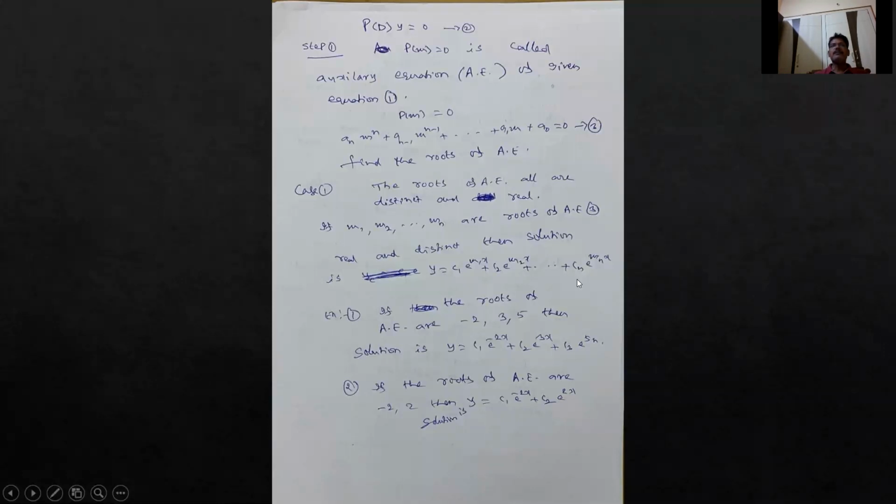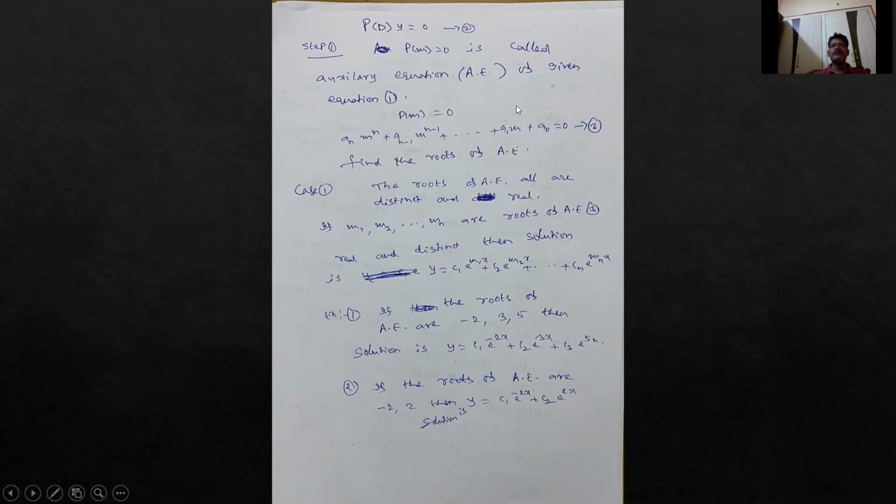So now P(m) equals 0 is called the auxiliary equation of the given equation 1. This can be written simply as AE. Auxiliary equation, I will write simply AE.